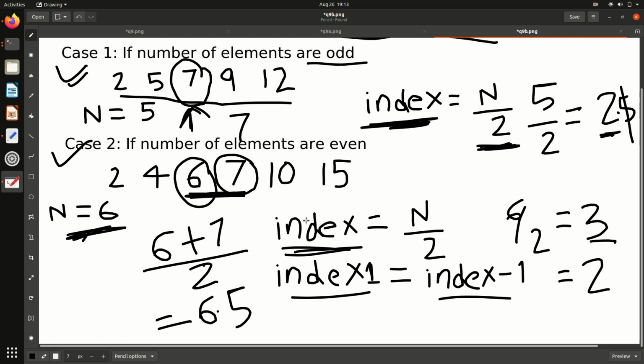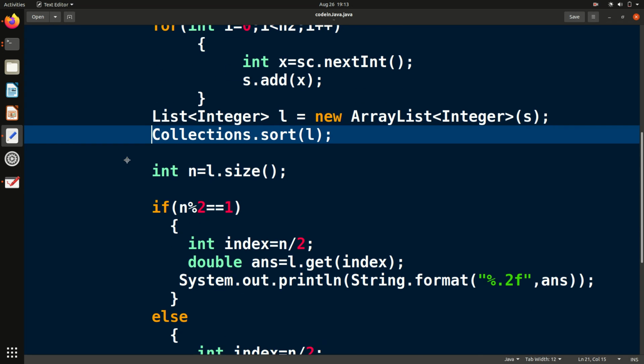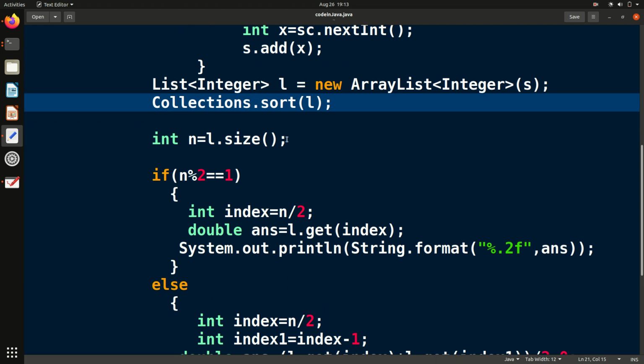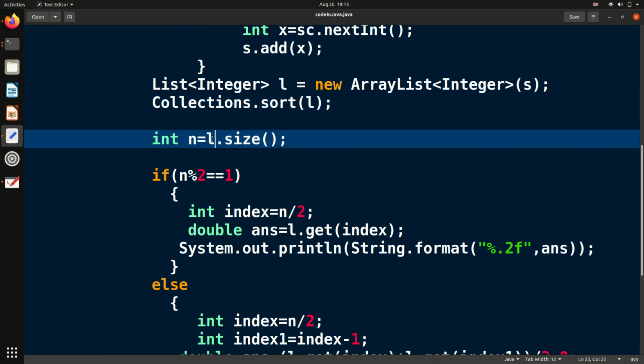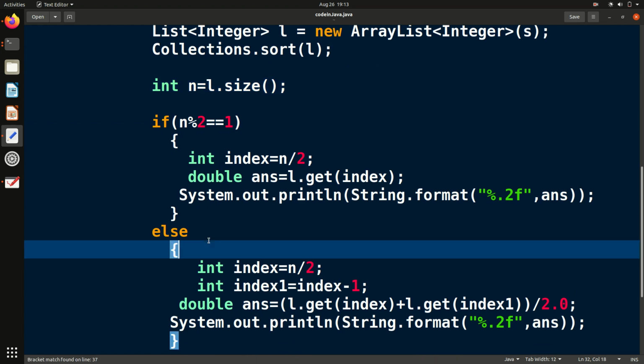Okay, so this was the method to find the median. I hope it is clear. I have discussed how to find the index, so let us see the code. The same thing we have done. We got the list L and find out the size of this L, and we will take two cases.